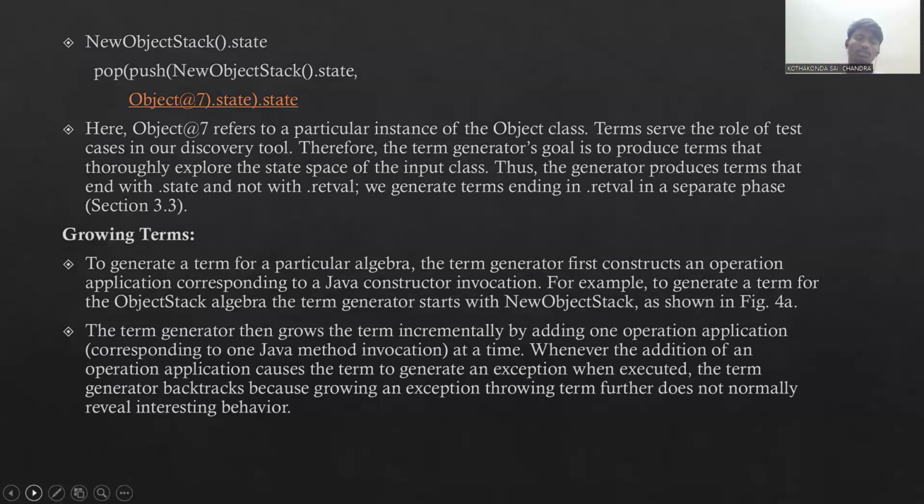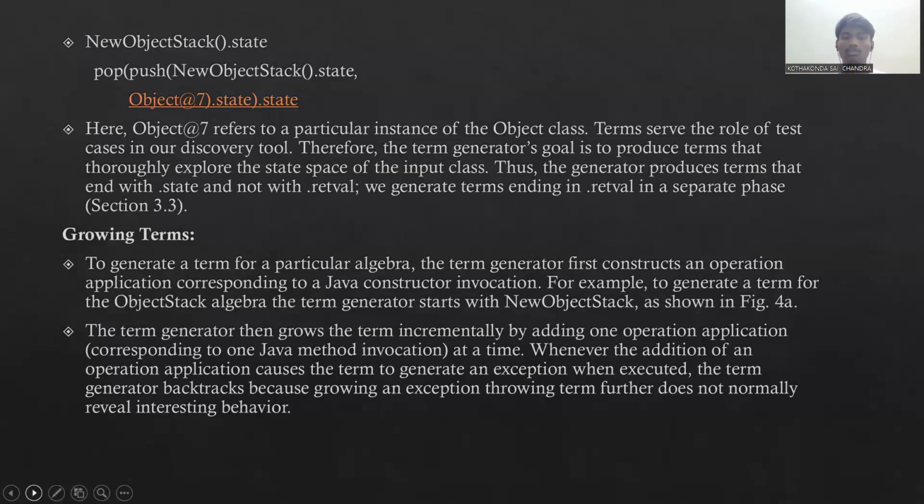Growing terms: to generate a term for a particular algebra, the term generator first constructs an operation application corresponding to a Java constructor invocation. For example, to generate a term for the ObjectStack algebra, the term generator starts with a new ObjectStack, as shown in Figure 4a.